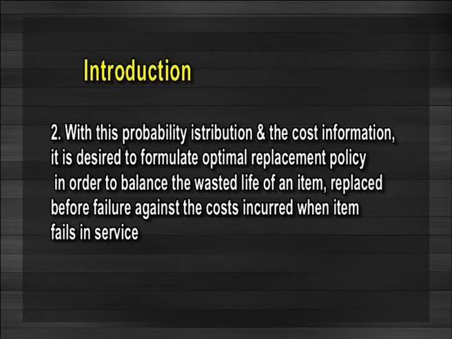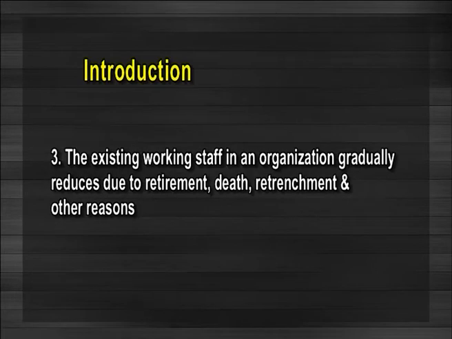With this probability distribution and the cost information, it is desired to formulate an optimal replacement policy in order to balance the wasted life of an item replaced before failure against the costs incurred when the item fails in service. Third, the existing working staff in an organization gradually reduces due to retirement, death, retrenchment and other reasons.